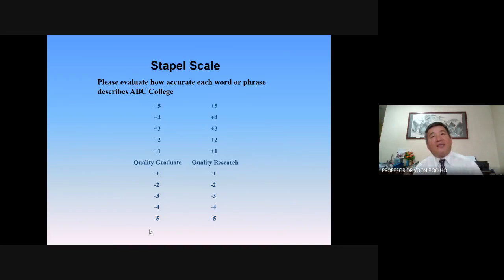So please think of all these interesting scaling techniques when you design your questionnaire. All these lists of keywords or adjectives will be obtained from the related journal article or book or your qualitative research, because these are already developed in your ODT. Remember, all of us now are working on the ODT, the operational definition table.